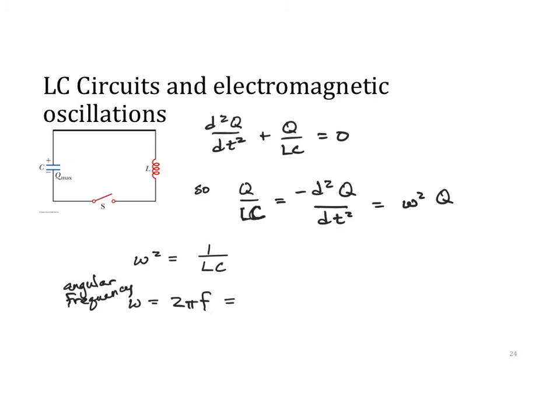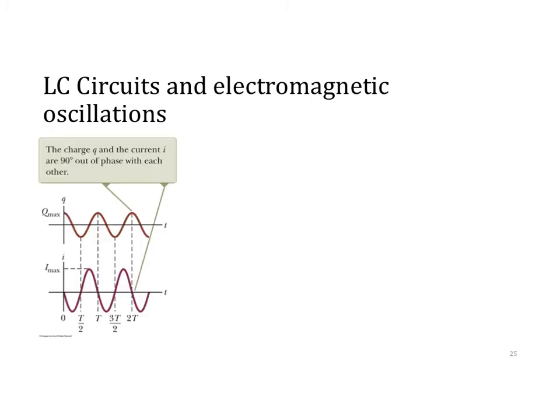So 2 pi times f should be 1 over square root of LC. So if you know the inductance and the capacitance of your circuit, you can figure out how quickly that circuit will oscillate. So the charge on the capacitor oscillates sinusoidally. Okay, so we can look at that.